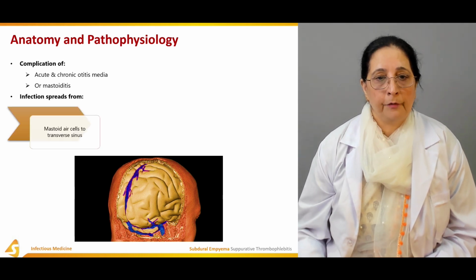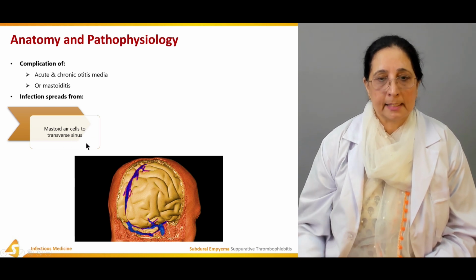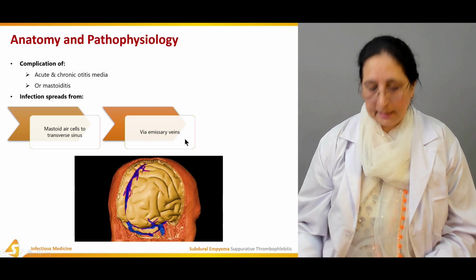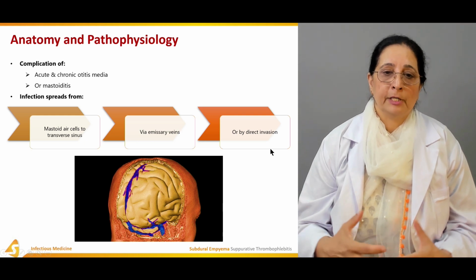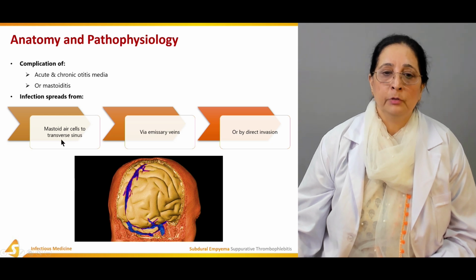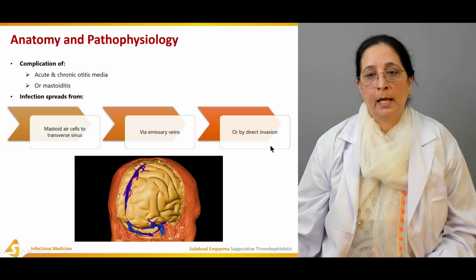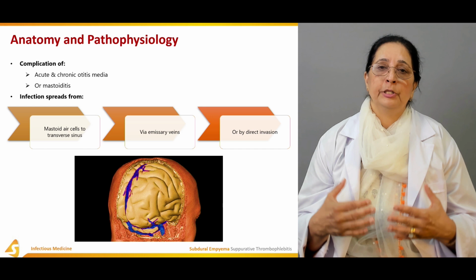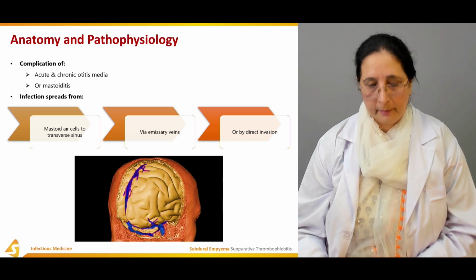Infection spreads from mastoid air cells to the transverse sinus via emissary veins and by direct invasion. All these are the routes from which the infection can spread from the mastoid bone.